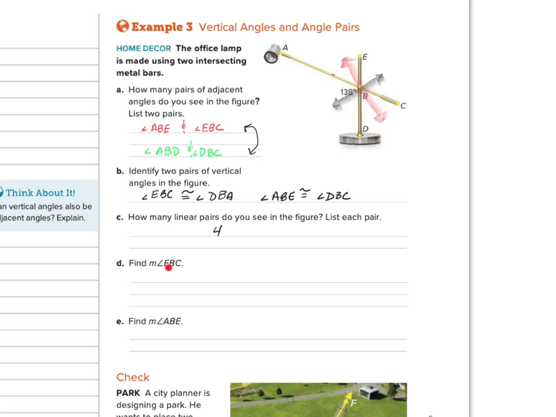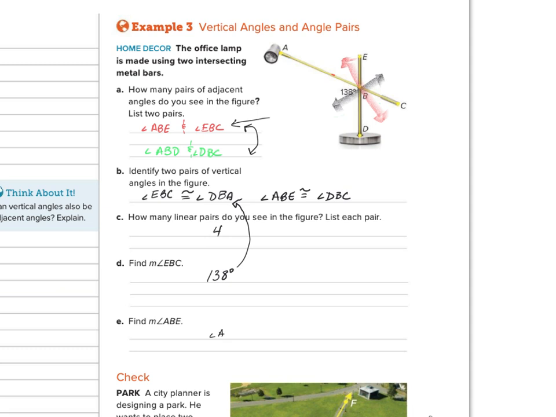And then find the measurement of EBC. EBC is vertical to this angle, so EBC should be 138 degrees because we said, remember that. And then ABE, we know that right here, ABE and EBC are linear pairs, so we know that together they equal 180 degrees.